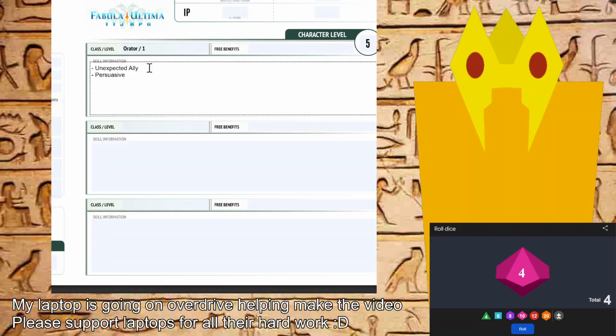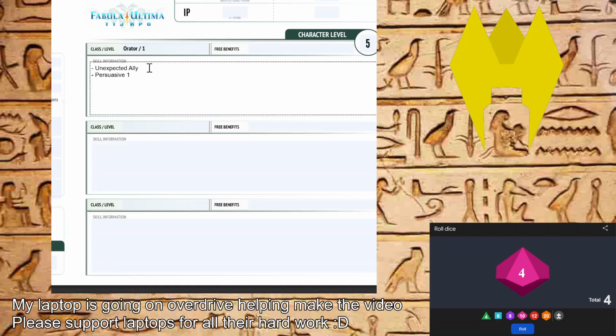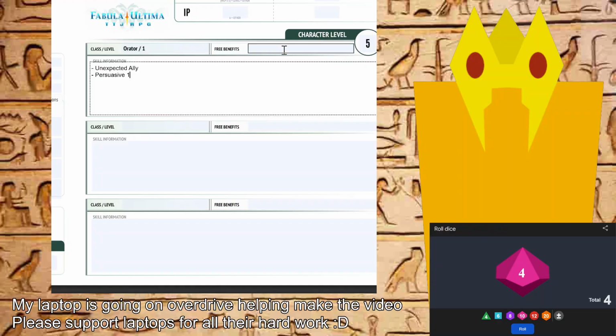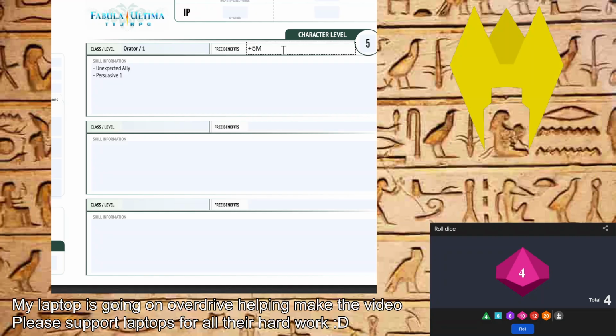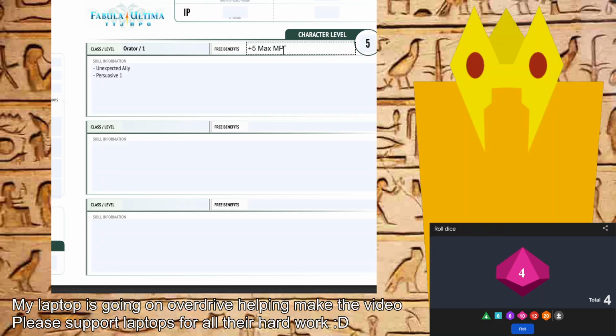1. And of course we have to take into account our free benefits. For the orator, we are getting a +5 maximum MP. And now for the Weapon Master, which is the last class in this book, believe it or not.